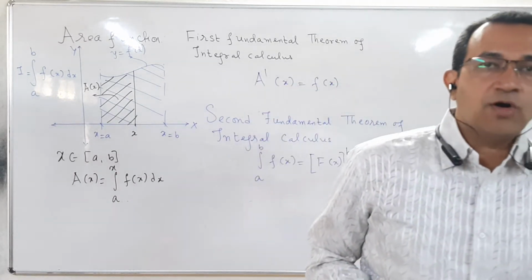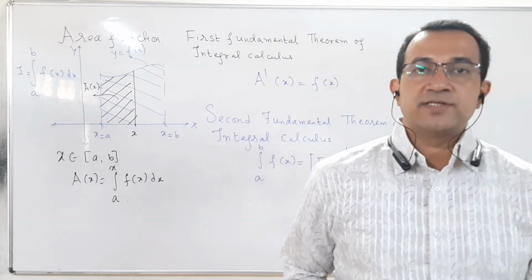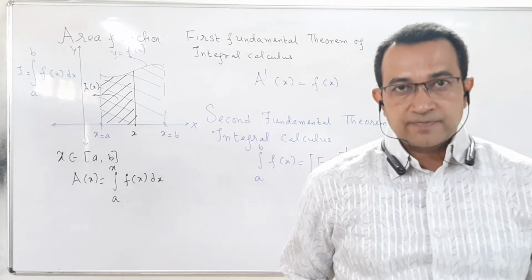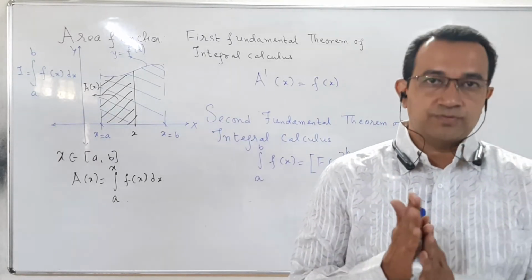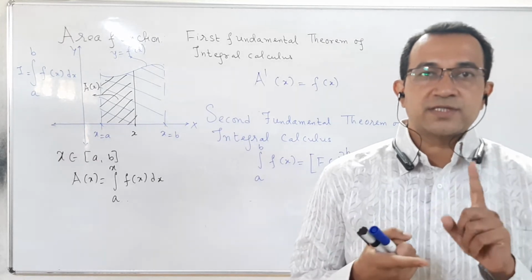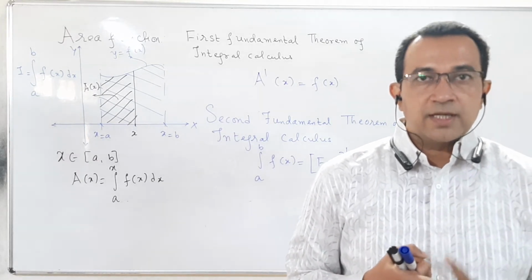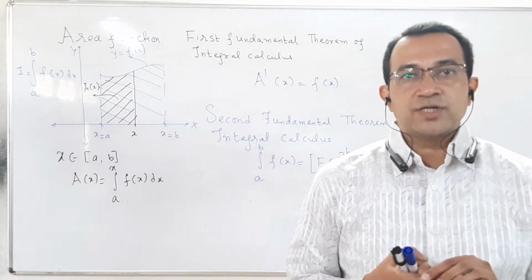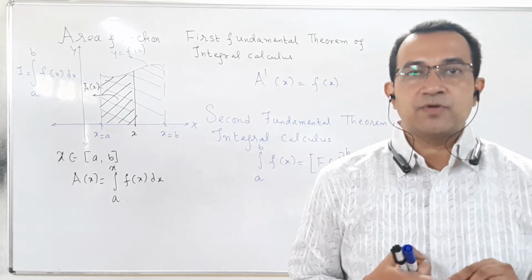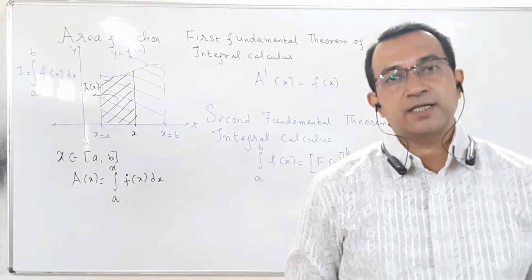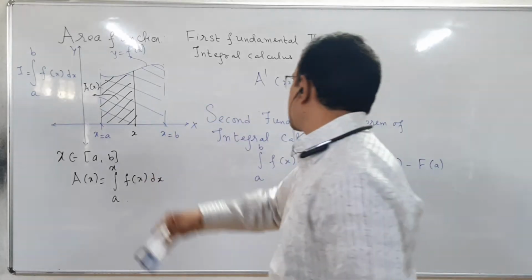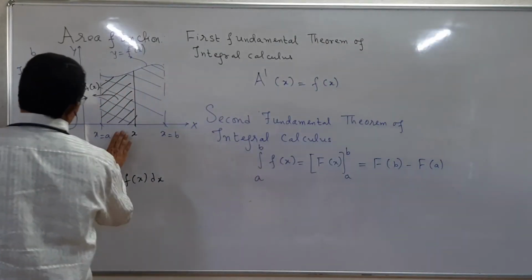The value of a definite integral is always a real constant, because it is studied as area under the curve. So today we studied the area function. Based on the area function, we have the first fundamental theorem of integral calculus, and the second fundamental theorem is also generally based on this area function only.